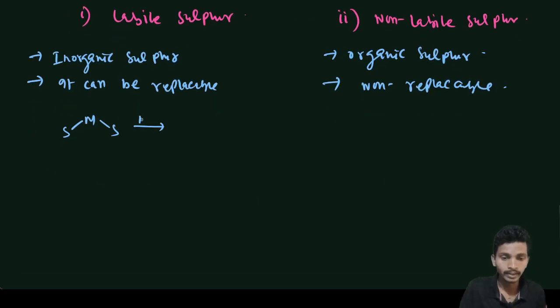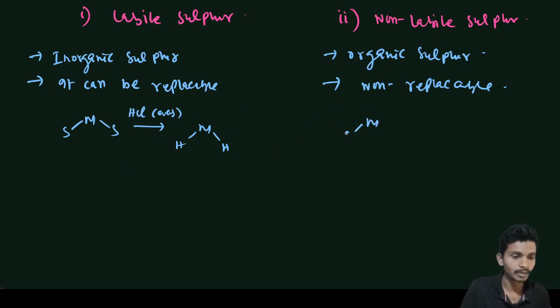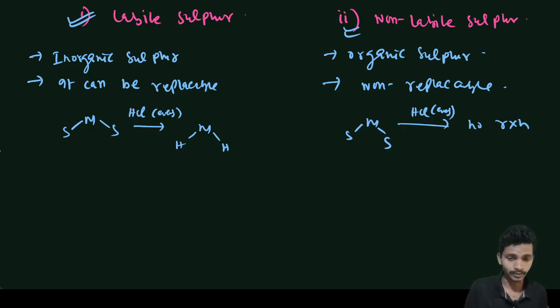If I add excess HCl, we get MHH, because the sulfur gets replaced by hydrogens if it is inorganic, labile sulfur. In the case of non-labile sulfur, it is non-replaceable, so if you add even excess HCl there will be no reaction.